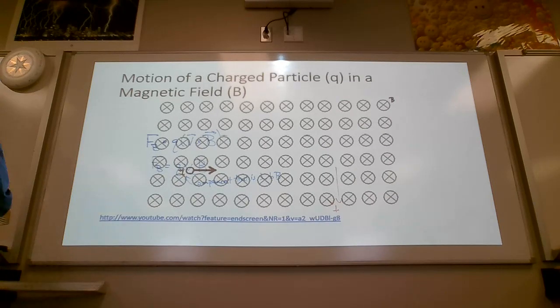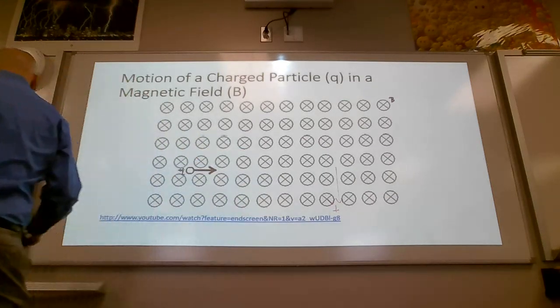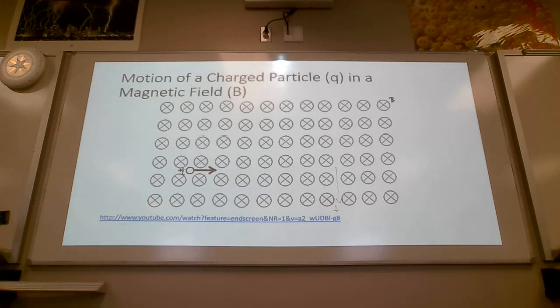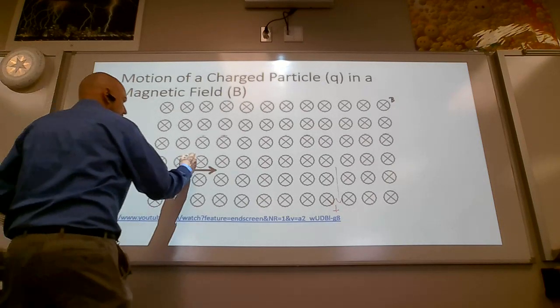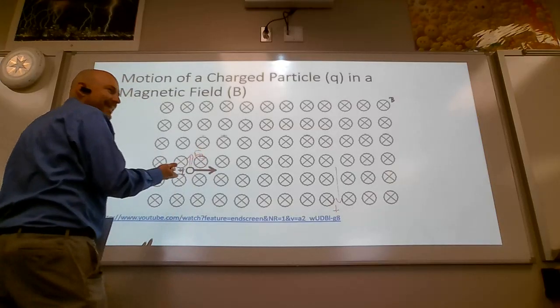What happens when you've got a big magnetic field over time? What's going to happen? This thing's free to move. You're shooting it to the right. It's going to be forced.